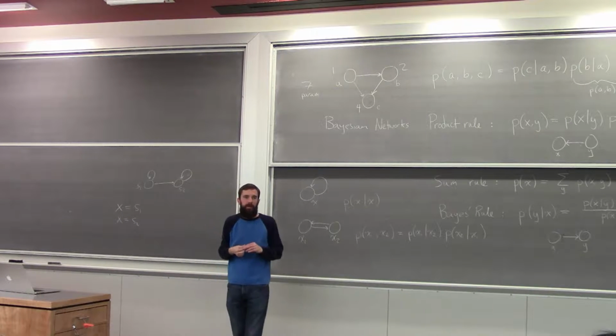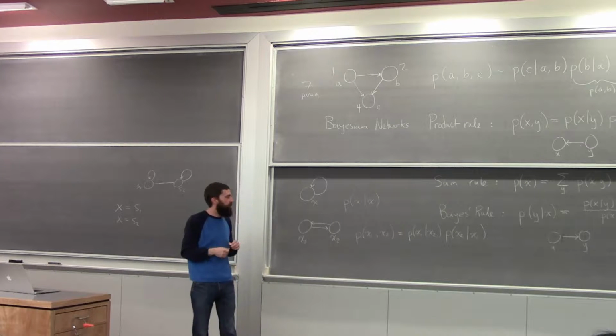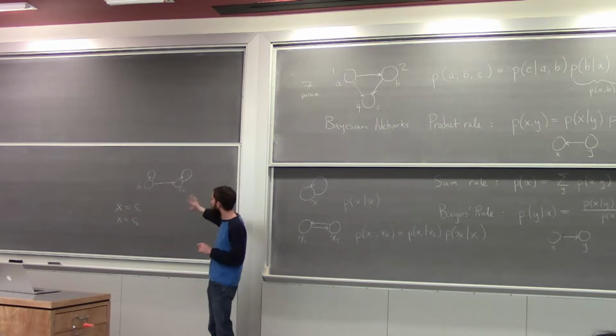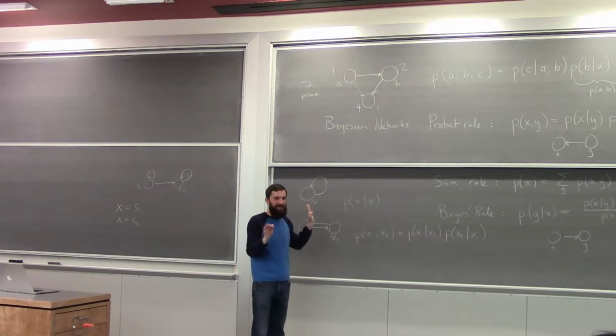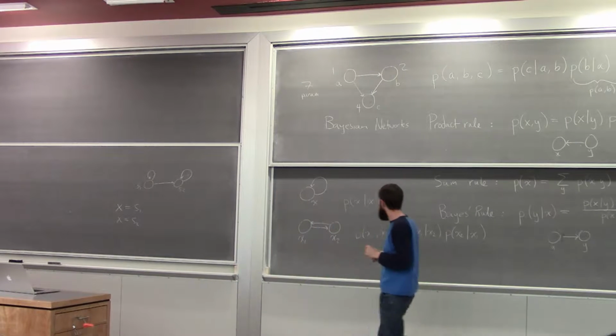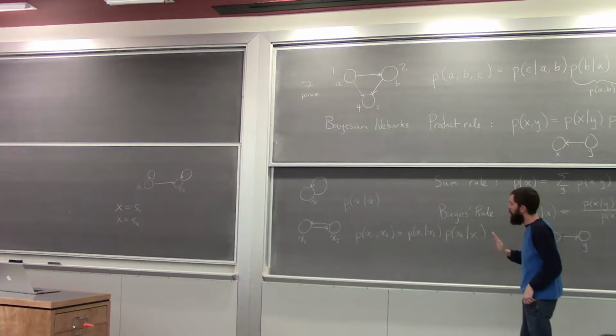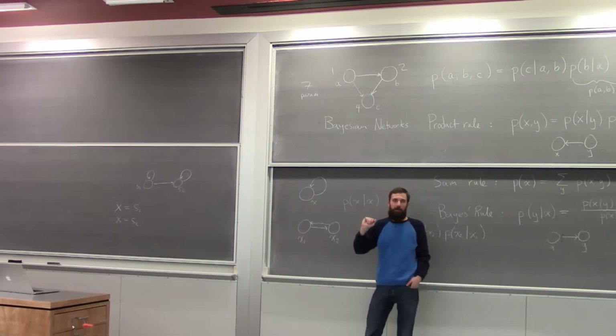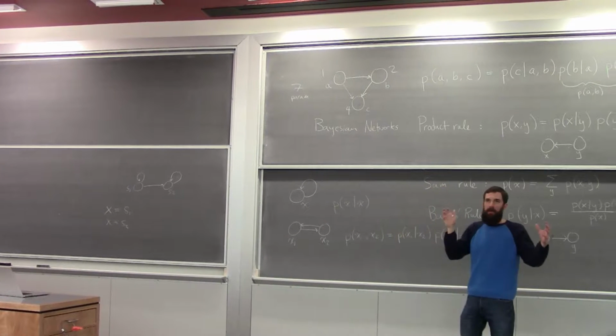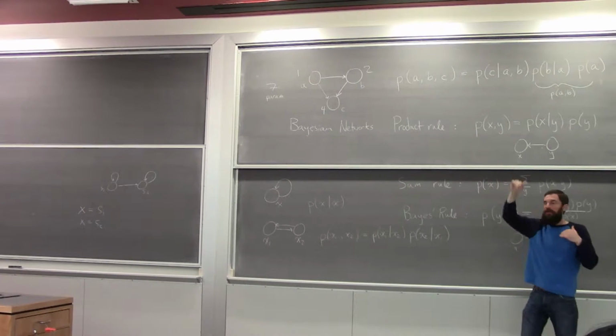But at this juncture, just think that these are different things, and loops in our case are not allowed. So I can't do this either. I can't go from x1 back to x2. I can't be a parent of my own parents.